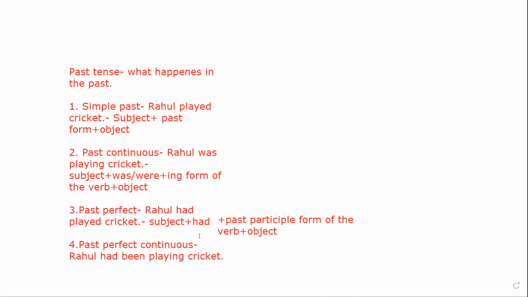Past perfect continuous, subject plus had been plus the ing form of the verb, and then the object. So this way you can use past tense. You can note it down.